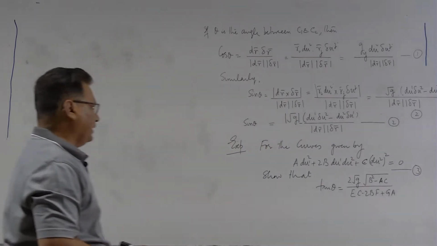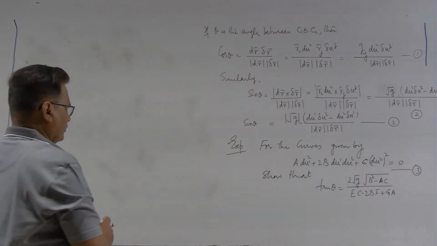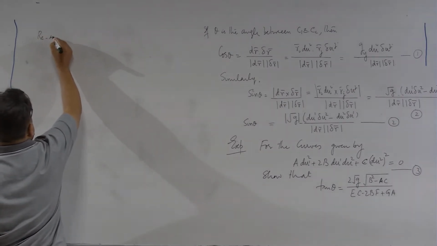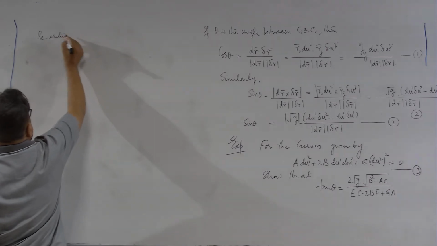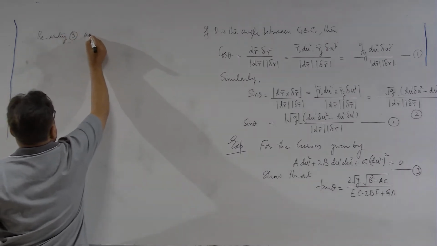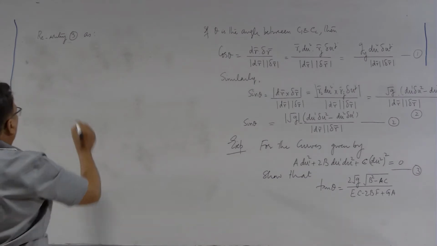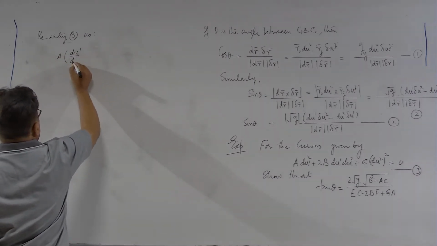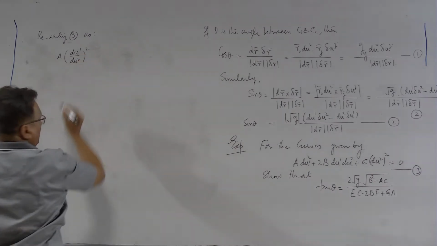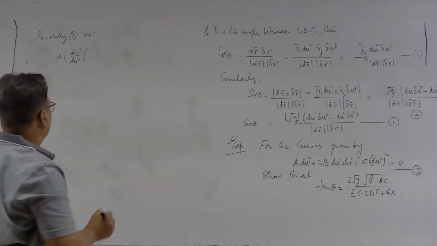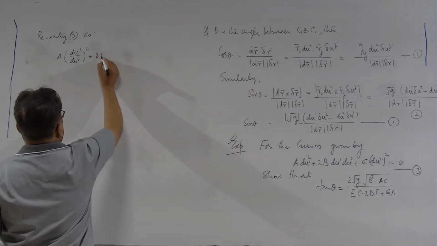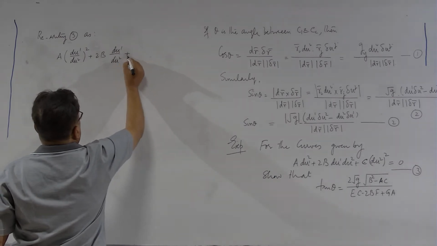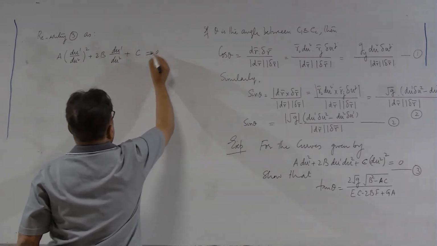I can rewrite number 3 as follows: a into du1 over du2 whole square, I am dividing throughout by du2 square, plus 2b du1 over du2 plus c equal to 0.